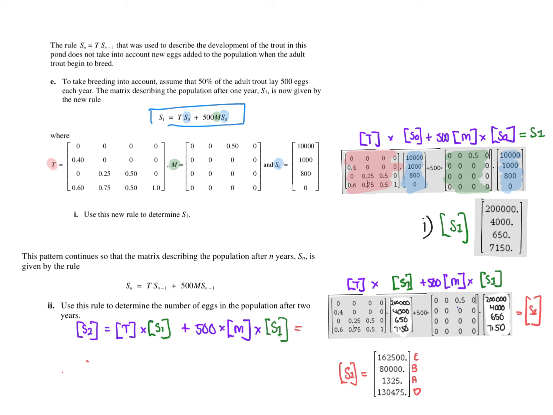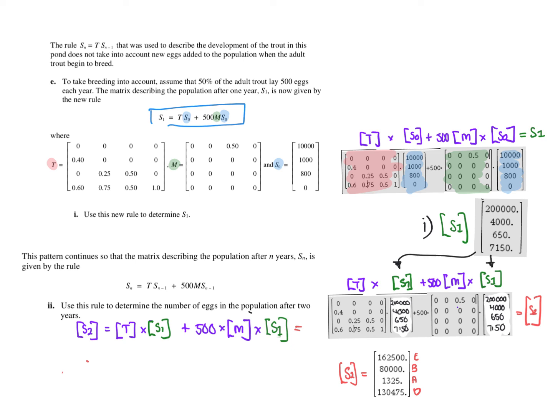And then this pattern continues, so the matrix describing the population can be used like that. So don't worry, it's just the same. Use this rule to determine the population after 2 years. So they just want you to keep going. So you've found S1, so that means you'd pop S1 into that formula again, obviously twice, and then you find it.